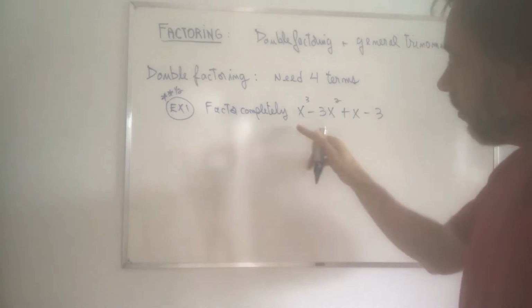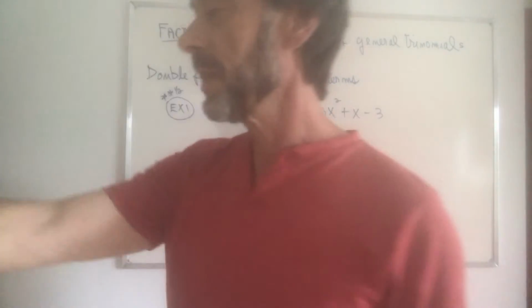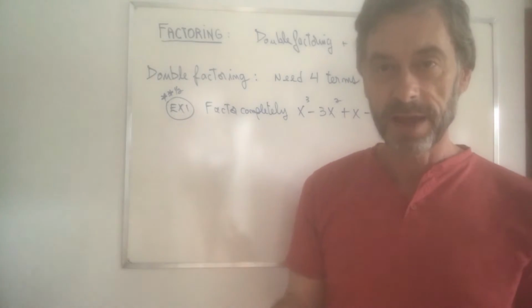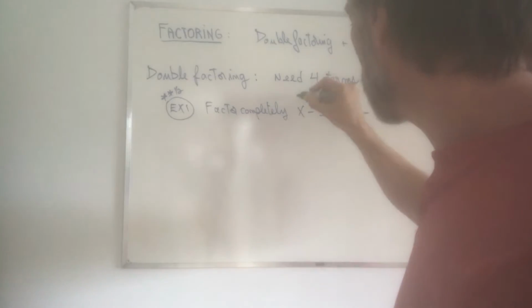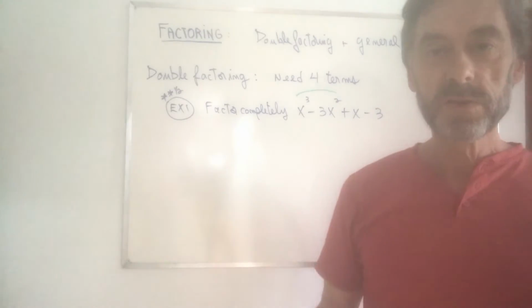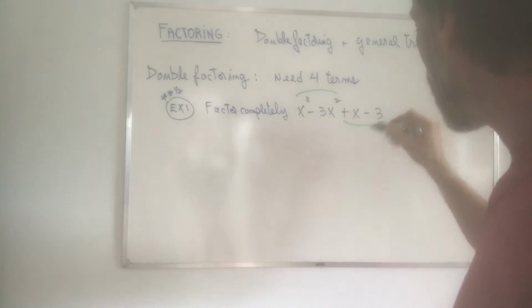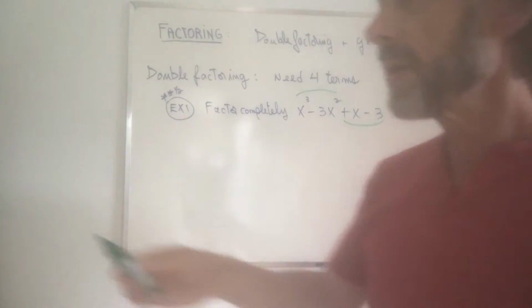So you can see here 1, 2, 3, 4 terms. The double factoring actually refers to factoring them 2 by 2. So we must factor out something common to the first two terms and something common to the last two terms. Let's see what happens if we attempt to do that.